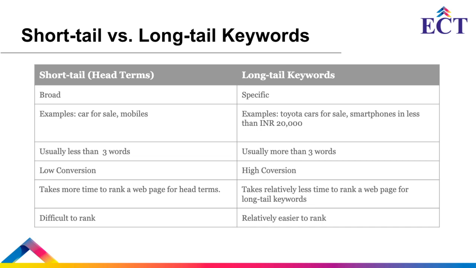Absolutely, it should be long tail, right? Simply because long tails are easier to rank and they have a high conversion rate. If somebody is searching for long tail keywords and coming to your website, then there is a possibility that they will make a purchase. Narrower terms, absolutely.